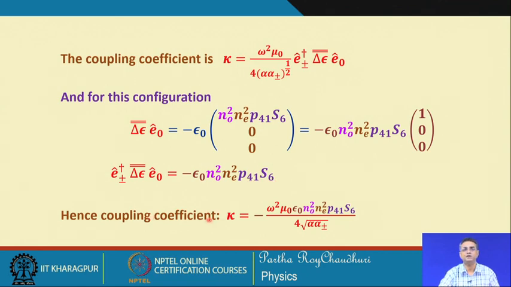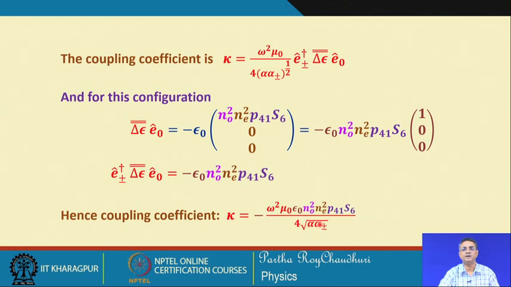So, the coupling coefficient is now available in terms of all the known quantities. S 6 will come from the acoustic power of the acoustic wave. This is the strain optic tensor element of the crystal, that is lithium niobate here. These are the O and E polarization in lithium niobate, and these are all known quantities.